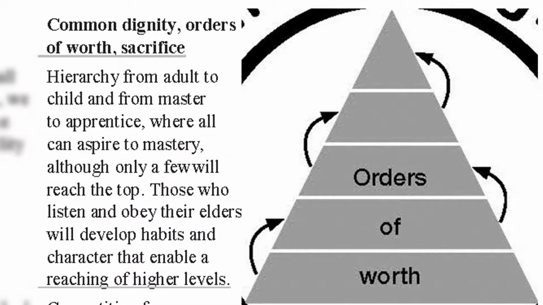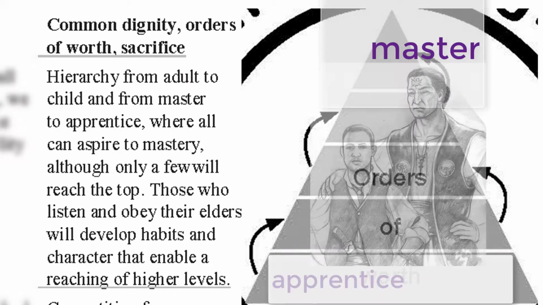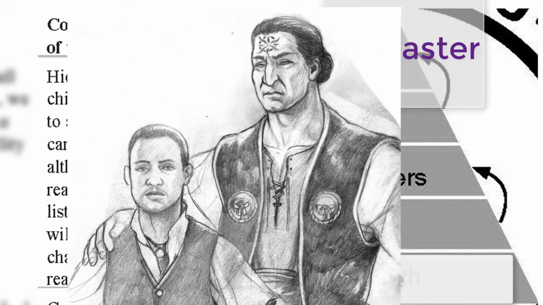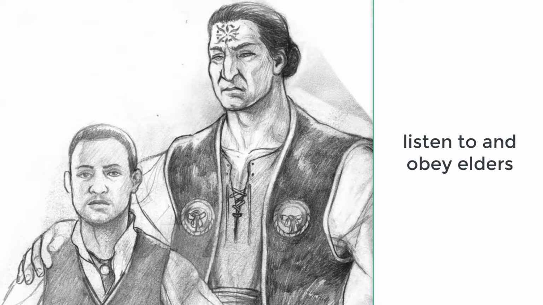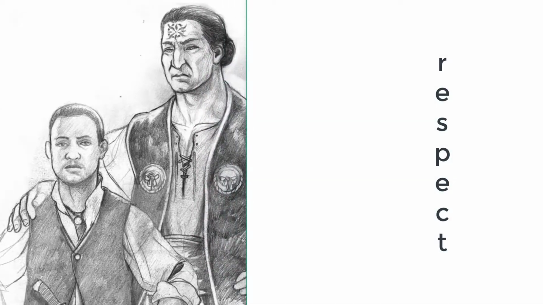There has to be a relationship of master to apprentice. There has to be a situation of respect where the older person is recognized as being wiser and having more insight into the traditions itself. And if the younger person wants to get there, well, he's not just going to get old. He has to sacrifice in terms of listening and obeying the elders and developing habits and character which will enable them to reach higher levels, especially through respect.